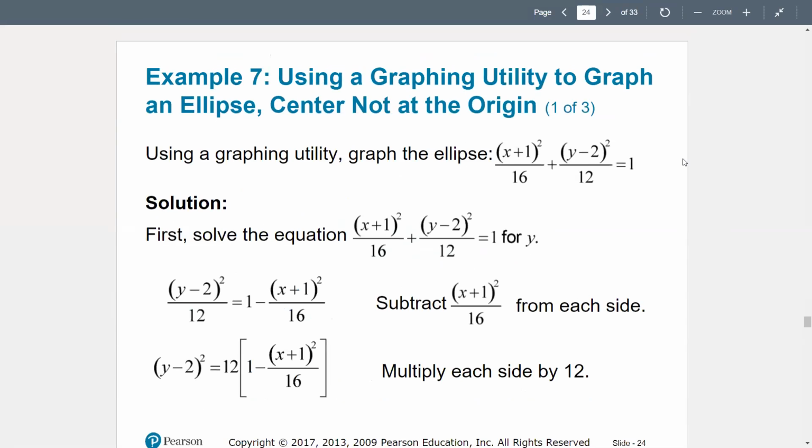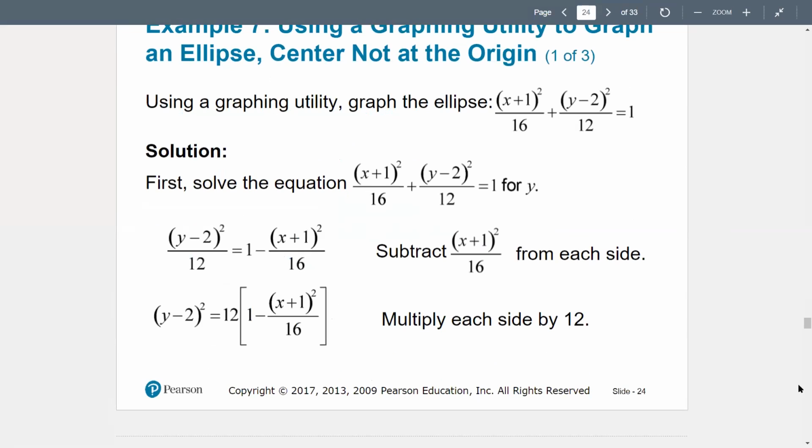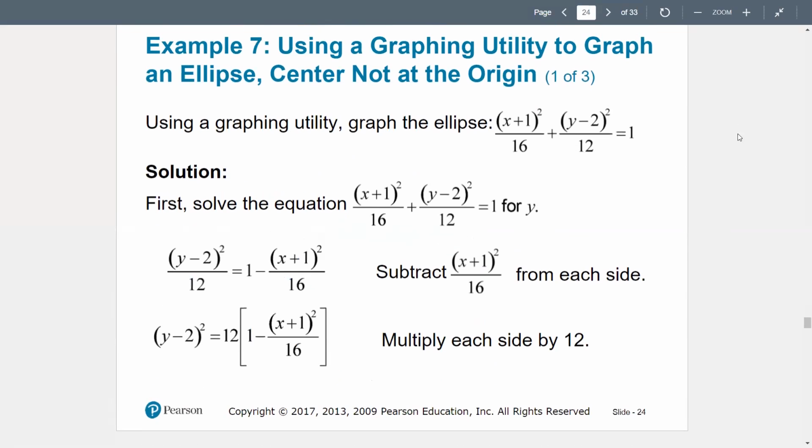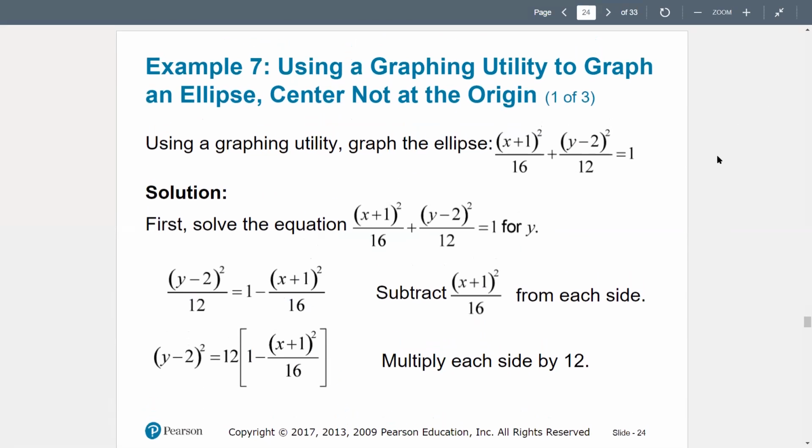All right, let's look at another example. We want to use a graphing utility to graph the ellipse that's given. So the first thing you want to do is solve for y.